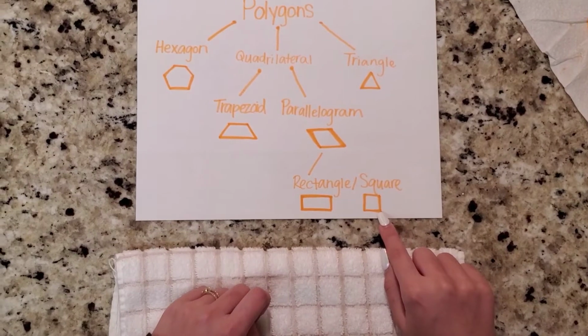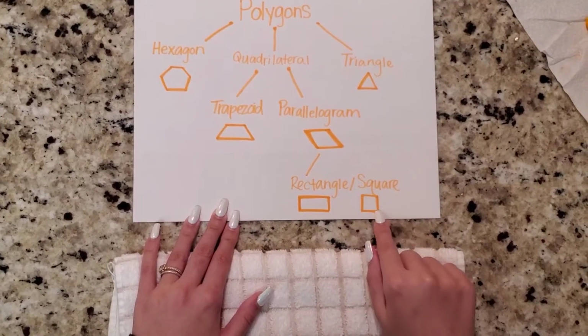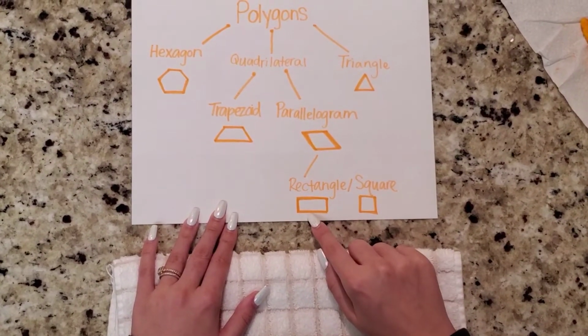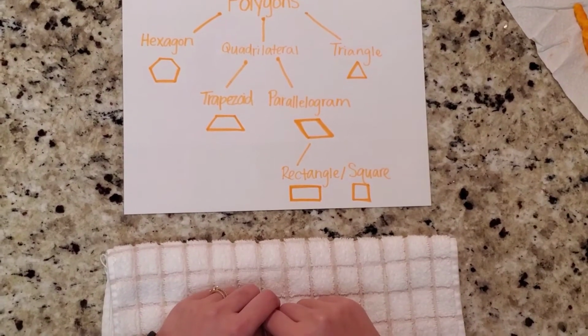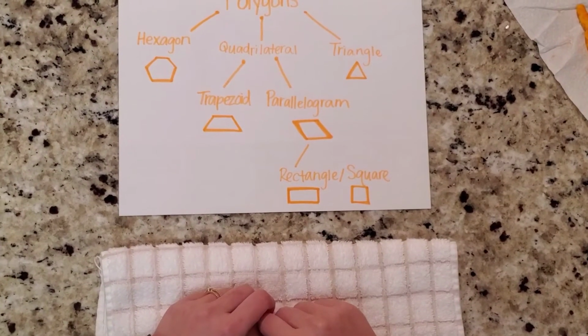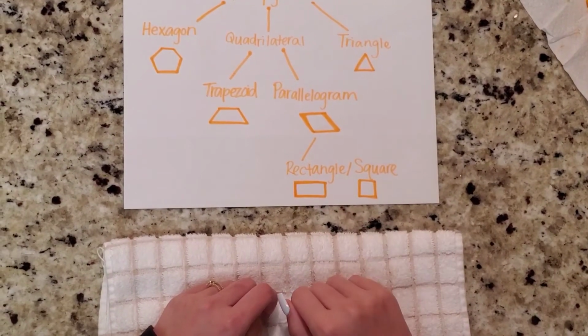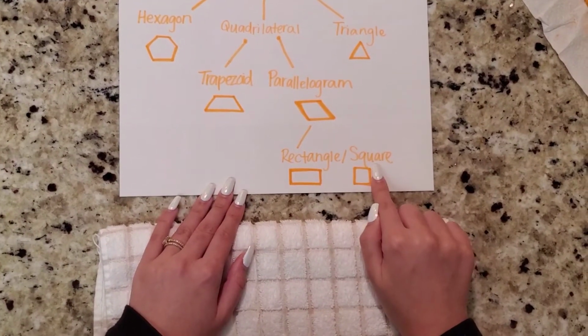Now the only thing that makes a square different is that the sides are all equal. As in a rectangle, we have these 2 that are equal and these 2 that are equal. Now one thing that I do need to clear up is that all squares are rectangles. They are a specific type of rectangle, but not all rectangles are squares.